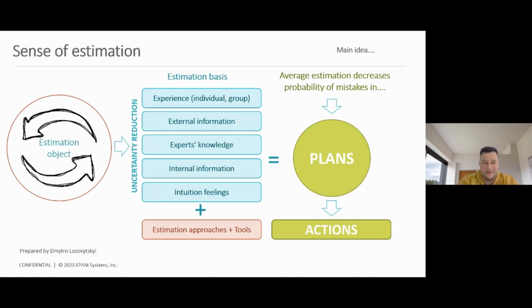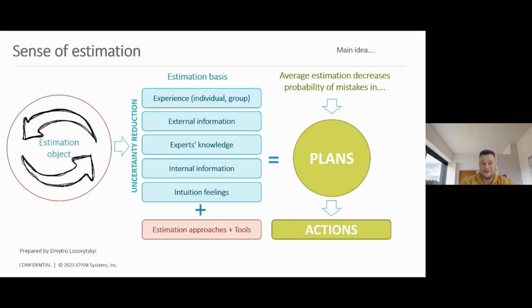Sense of estimation. As you can see, guys, you can use this model to explain to your teams or to your clients what estimation means generally. In the left part of this scheme, you have the estimation object, or objects. They always appear during our development life.